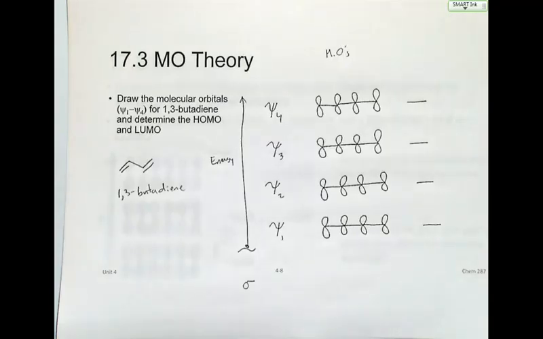Those are the ones most likely to react with other things. Huckel's MO says that if you have a conjugated pi system, the highest energy electrons are in pi molecular orbitals. Why are there four of them?